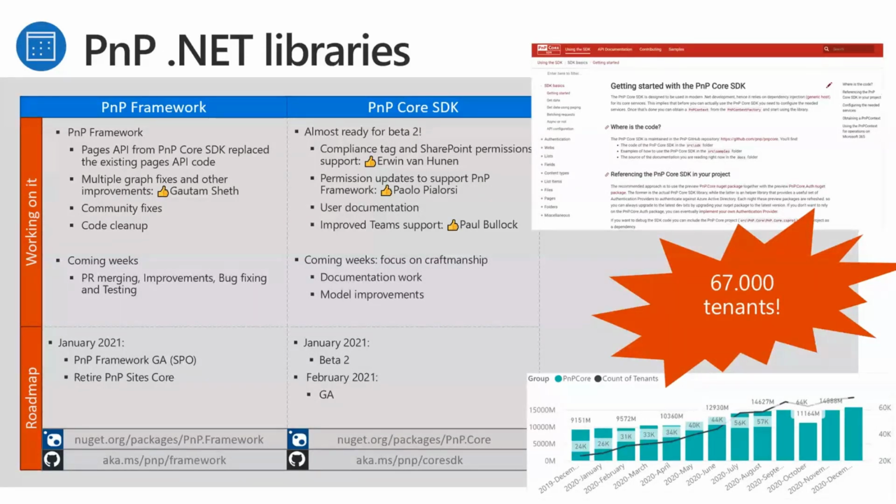So there's a pattern that you'll see us doing more and more. We'll rewrite, recode things, make them better, faster, better tested in PnP Core SDK, and then just plug it into PnP Framework. So you as user are not really impacted. You just automatically use PnP Core SDK under the covers.